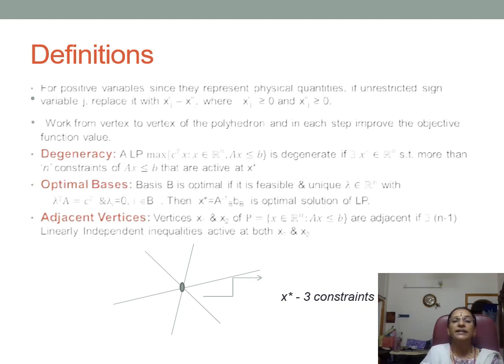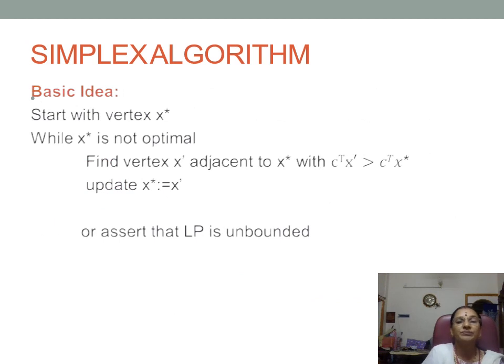In this, if n is greater than or equal to m, then it is called degeneracy. Capital Ax less than or equal to b, that are active at x dash. Optimal basis means the basic variables satisfying the boundary conditions.